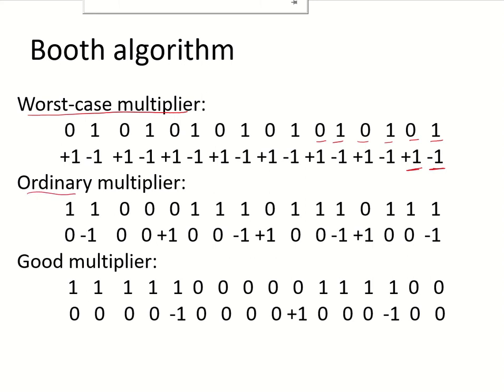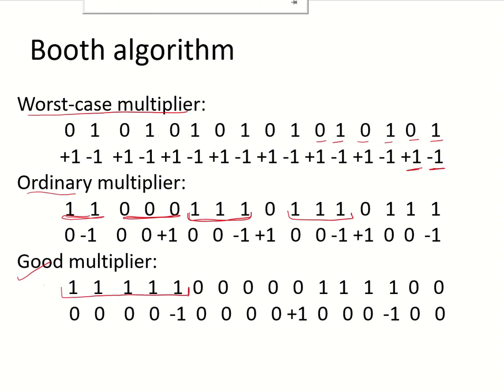When there is a fair mix of runs of ones and runs of zeros, like a run of 3 ones, again a run of 3 ones over here. Wherever there is a run of a few similar bits, we can say that this is an ordinary multiplier. And a good multiplier would be where we have a long run of similar bits.